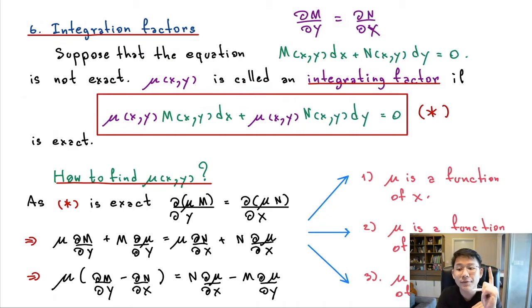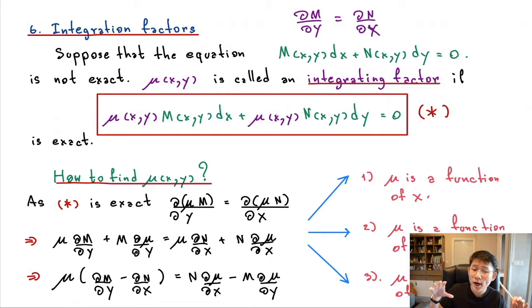But if we can find the function mu such that if you multiply mu to the equation, it becomes exact, we will say that the equation star is exact, okay? We will call the mu the integrating factor.